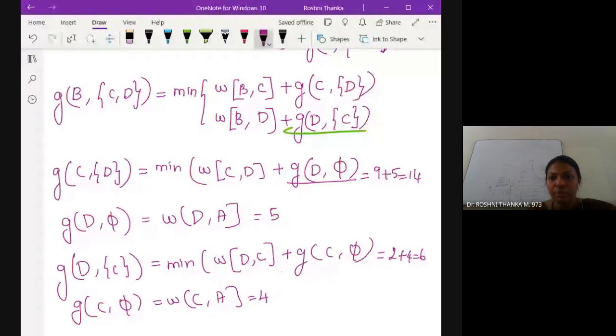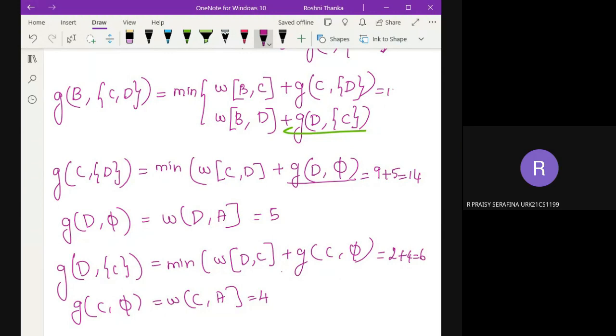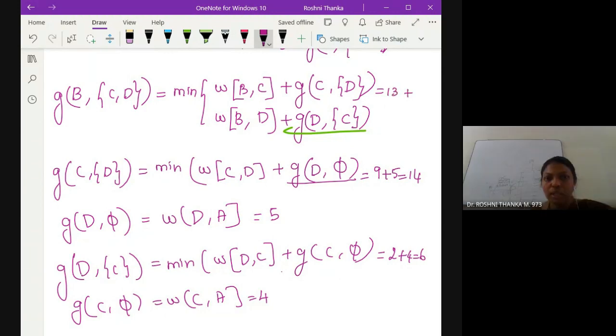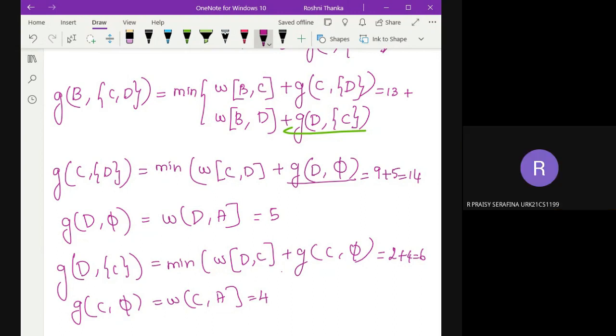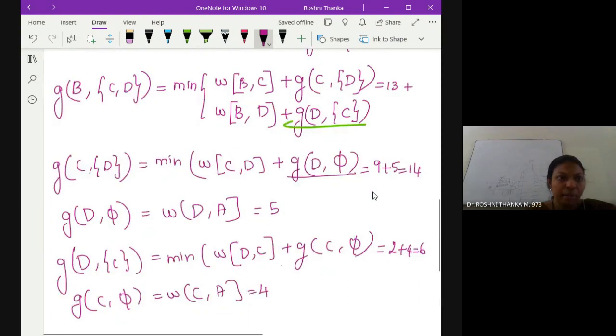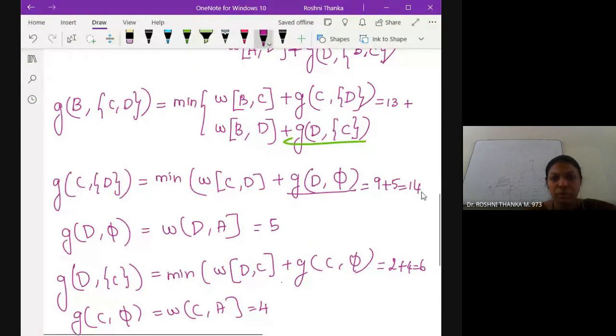If you substitute it, what is the cost of moving from B to C? 13. 13 plus what is G of C comma D? 14. So the answer is 27.